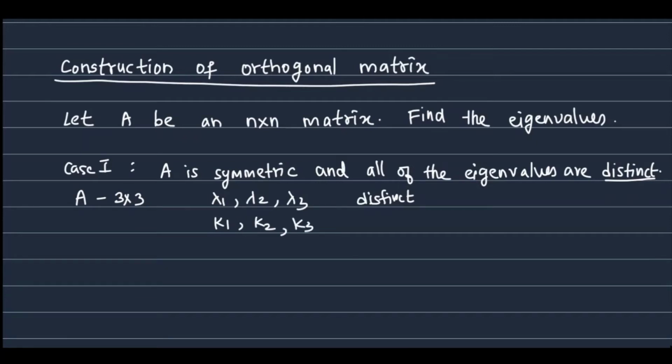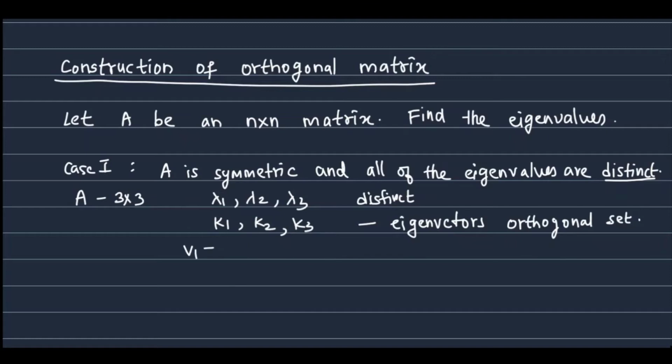Now since the eigenvalues are distinct, these eigenvectors will form an orthogonal set. So we got an orthogonal set of vectors. Now we will divide the vectors by their norm.